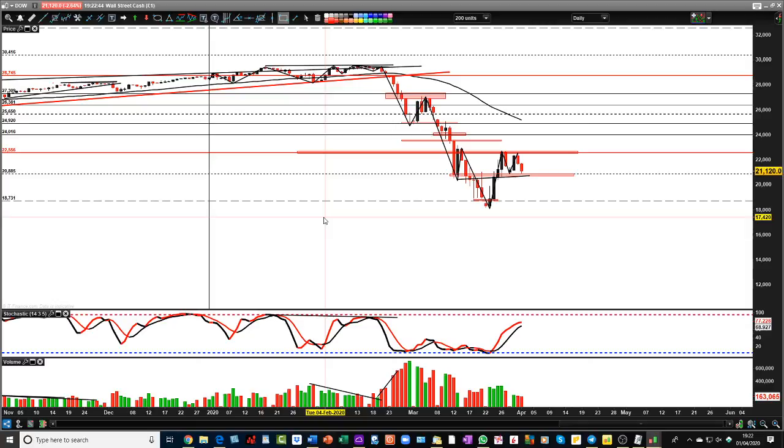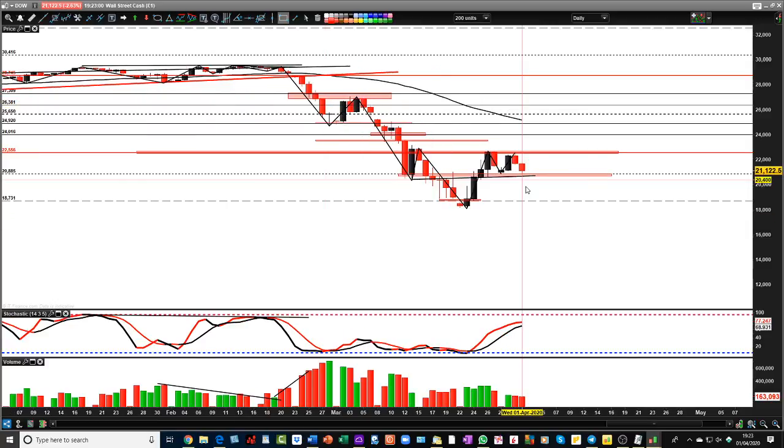But the path of least resistance is definitely down, and the 4-hour Elliott wave suggests this could be another leg that could get us right down to potentially 15,000. Okay, so that's why I was talking about selling in the first part of the week.